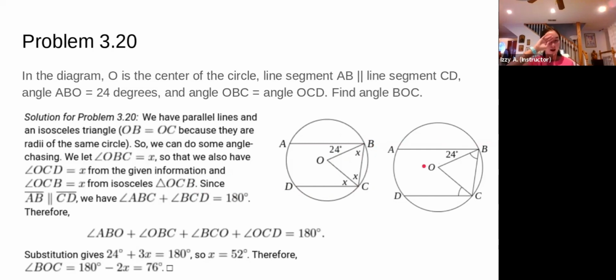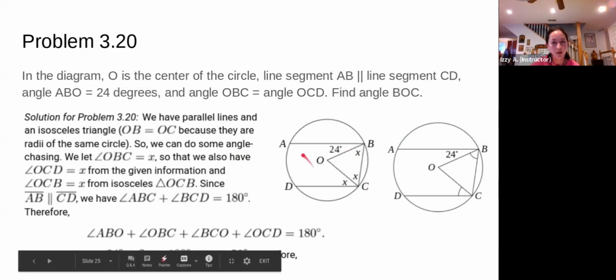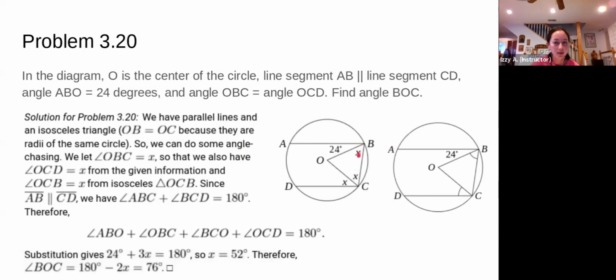So as a result, we're going to have angle ABO plus OBC, which makes up angle ABC, and then angle BCO plus angle OCD, which makes up angle BCD, those two are going to equal 180 degrees.